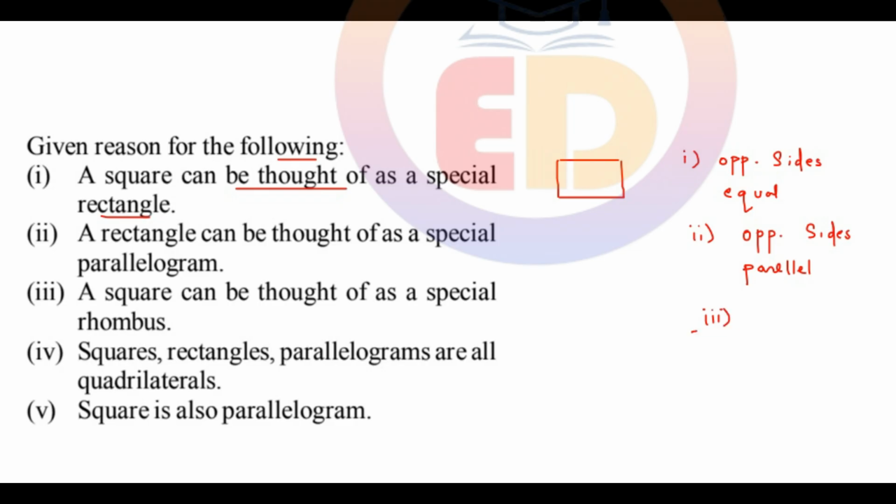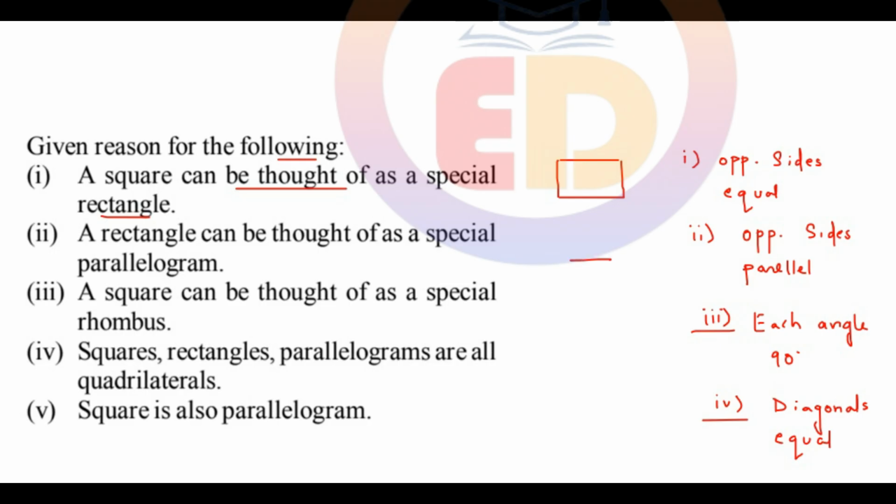Third, each angle is 90 degrees. Fourth, diagonals are equal. So this is the general property of a rectangle.